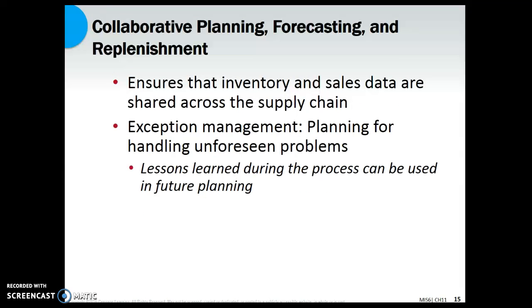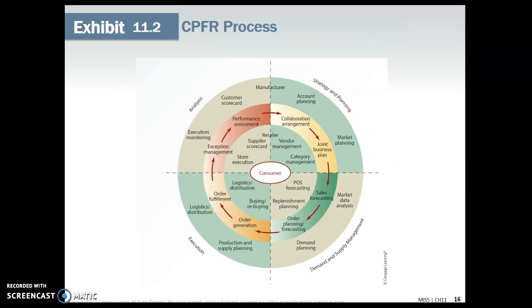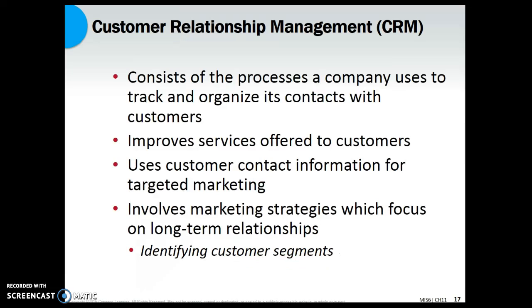Collaborative planning, forecasting, and replenishment are part of the supply chain and the management of inventory and sales data. Here's an example of the CPFR process, and we're going to talk a little bit about that. It's analysis, strategy and planning, demand and supply management, and execution.